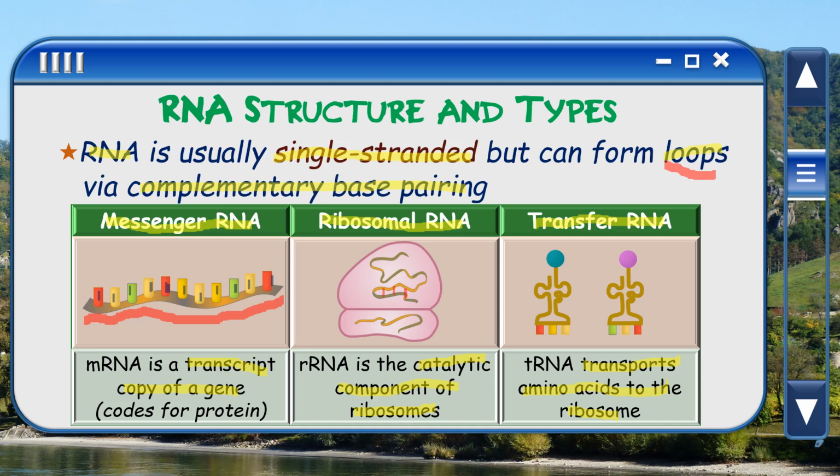Now here you will see the transfer RNA. It is a single strand, but it forms loops. Where it forms those loops, bases can pair up at points that are very close to each other. That is why we say it can form loops via complementary base pairing.